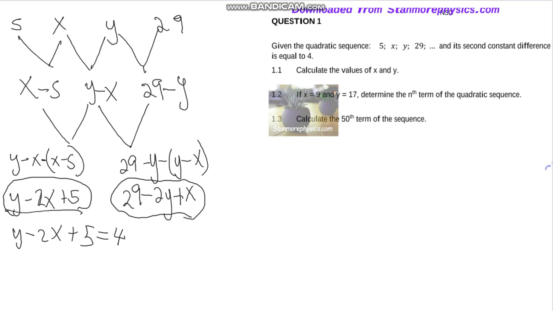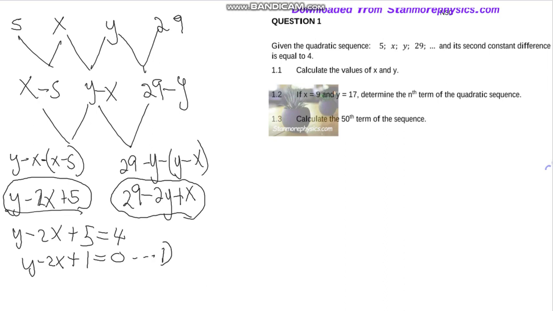It means you will say y minus 2x plus 1 is equal to 0. Do you see that? This will be equation 1.